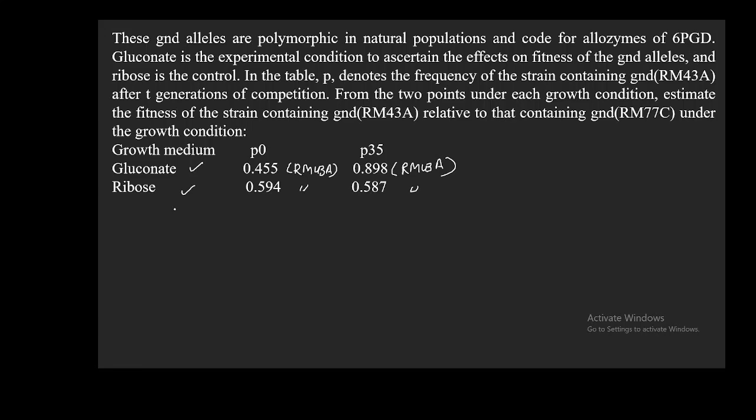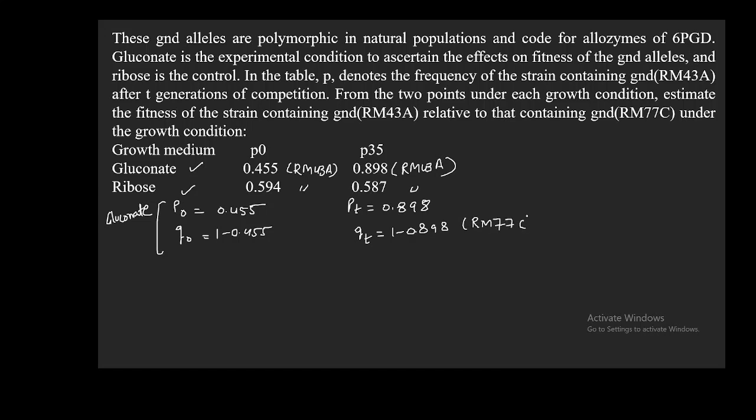When you know the P0, which is 0.455, you can calculate the Q0 for the gluconate media, which is equal to 1 minus 0.455. Similarly, PT is given, which is 0.898, then QT will be 1 minus 0.898. What is QT here? Q is the frequency of RM77C. P is the frequency of RM43A.